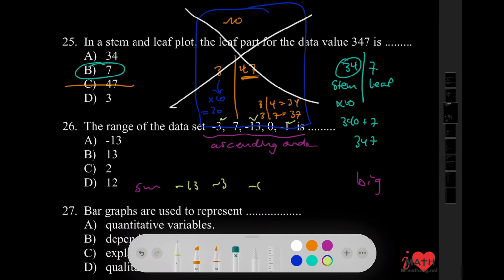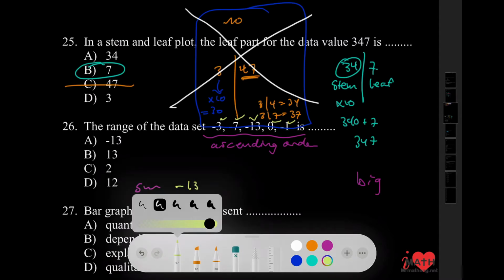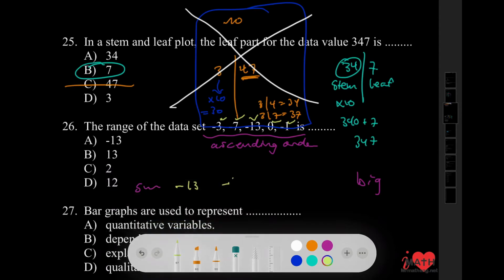Does that say negative 7? I think that says negative 7. Let's try that again. Negative 13, negative 7, negative 3, negative 1, and 0.